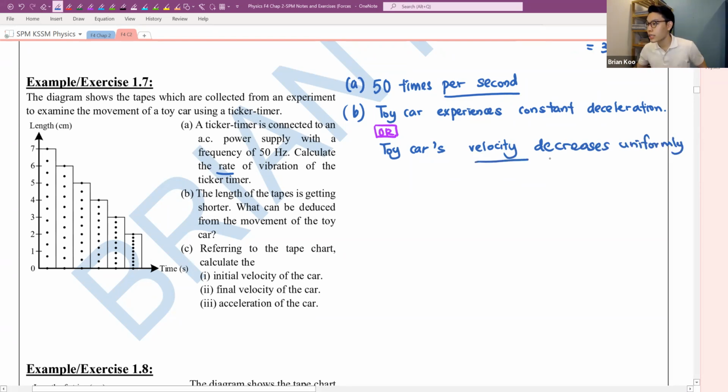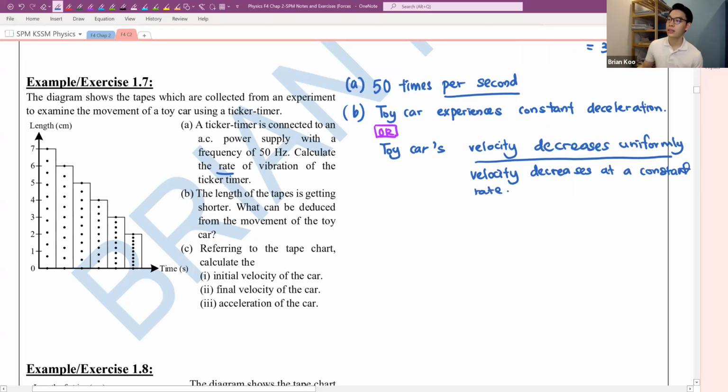Or this one, velocity decreases at a constant rate. Okay, same meaning. This one is the same meaning as this one.